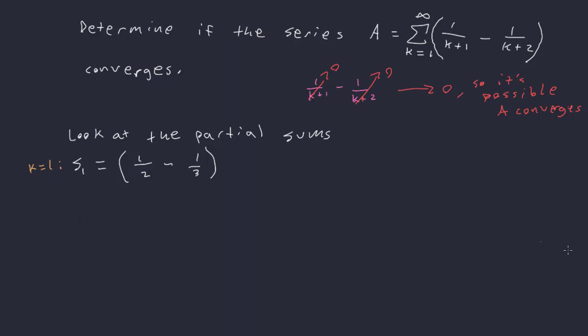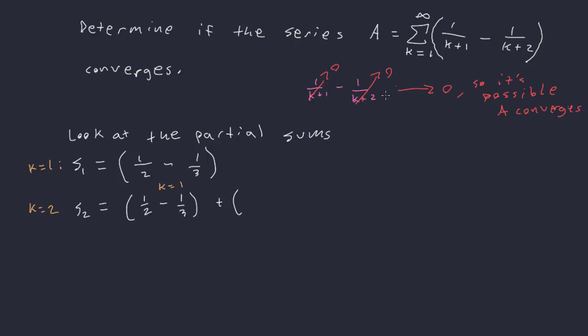Okay? So now I'm going to look at S2. So that'll be this first term again. Here's the k equals 1 term. But then we need to add the k equals 2 term.